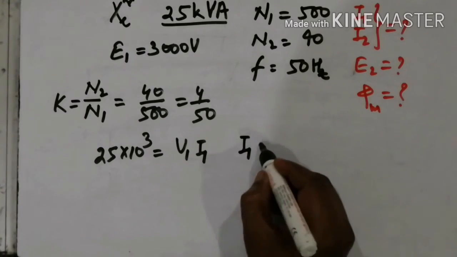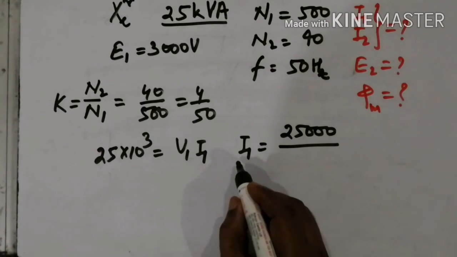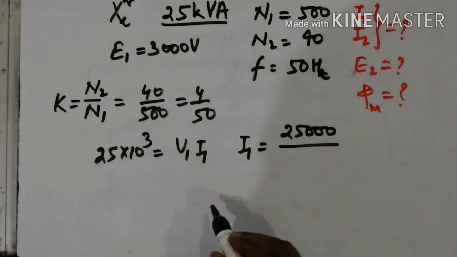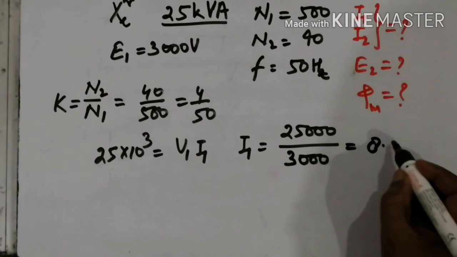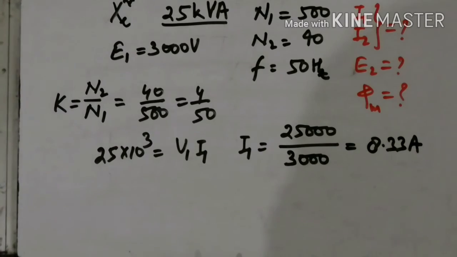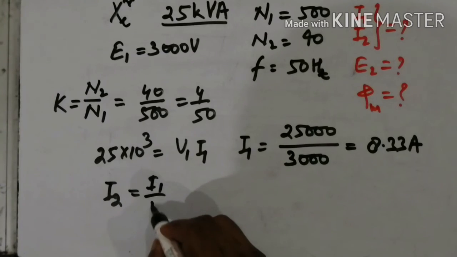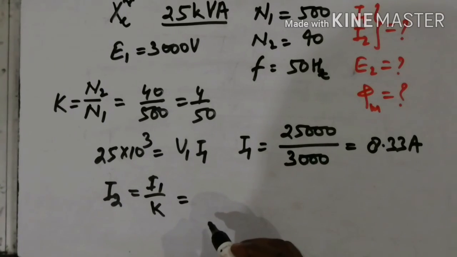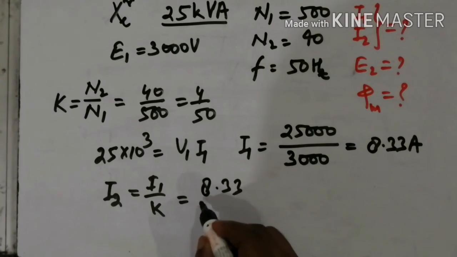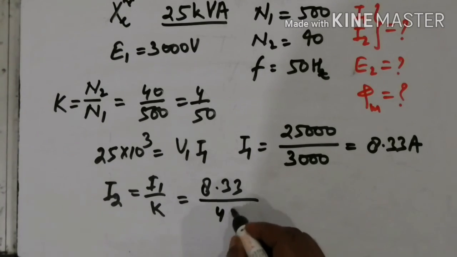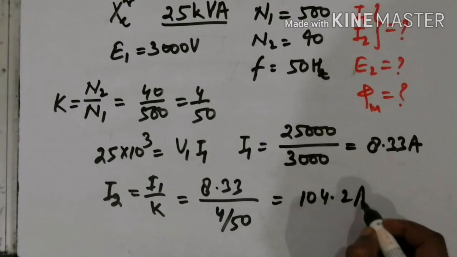So I1 is equal to 25000 divided by V1, that is 3000. After solving, it is 8.33 ampere, and by the formula I2 is equal to I1 upon K. I1, that is 8.33, divided by K. K is 4 divided by 50 and it is 104.2 ampere.